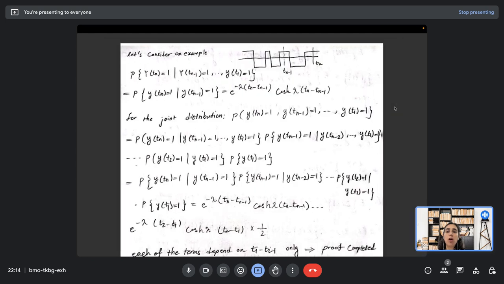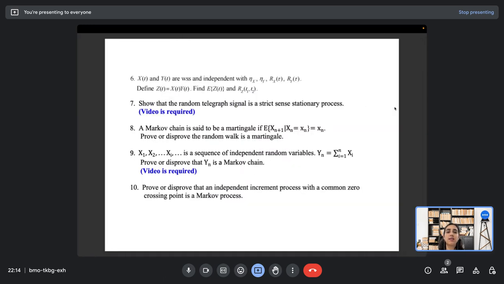To solve this problem, you should first know the definition of a strict sense stationary process. A process is strict sense stationary if the joint unconditional probability is equal to the case where we shift in time.